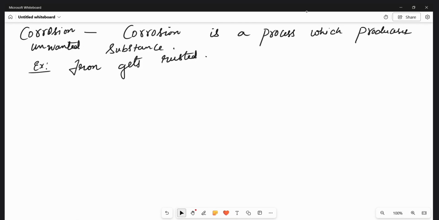It is a reddish powder what we get, but it is unwanted. Actually, we lose the iron right there, so that cannot be used. Even gates will be rusted, iron bridges will be rusted. That is the unwanted substance actually.